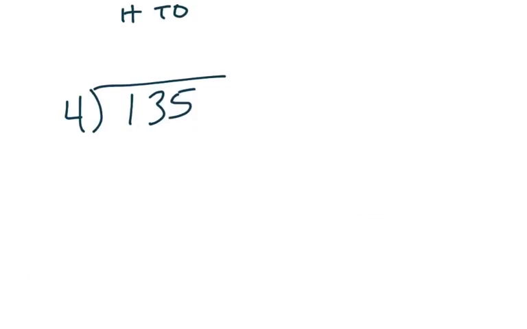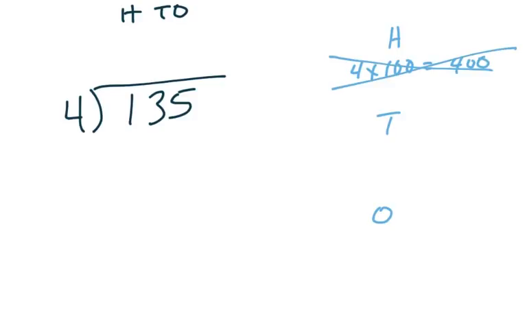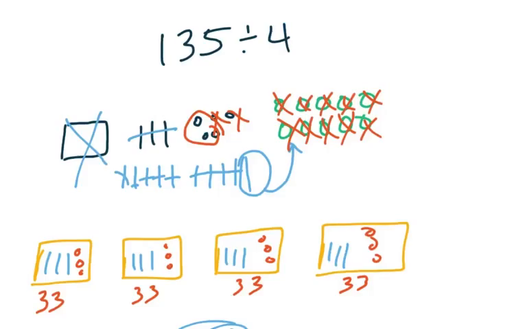Here on the side, I'm going to make my hundreds, my tens, and my ones. I'm going to start off with 4 times 100. If I can put 100 into each one of the 4 groups, that gives me 400. So I know that I can't do that. So I go to my tens. Remember when we exchanged that 100 for 10 rods?